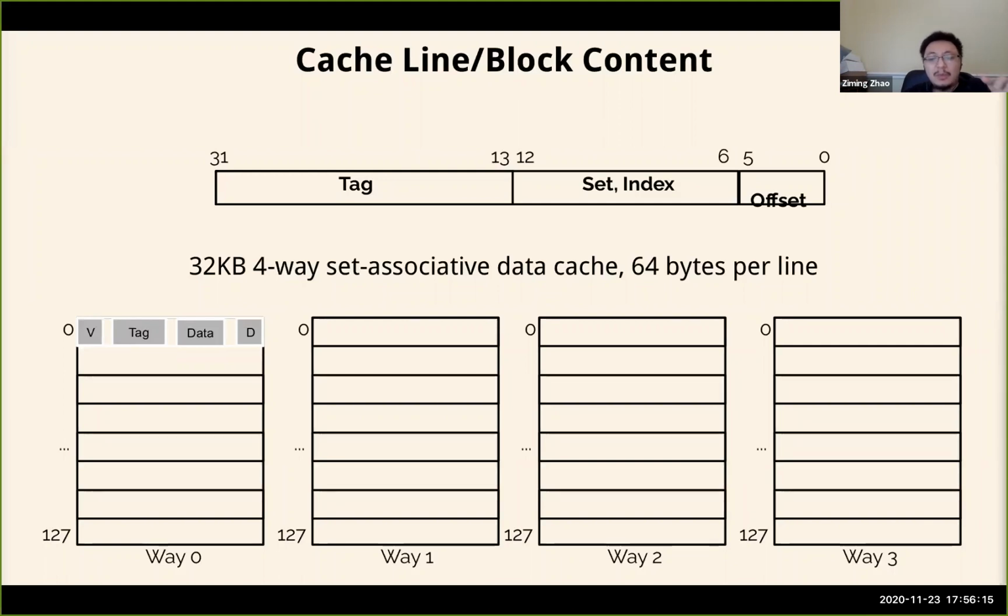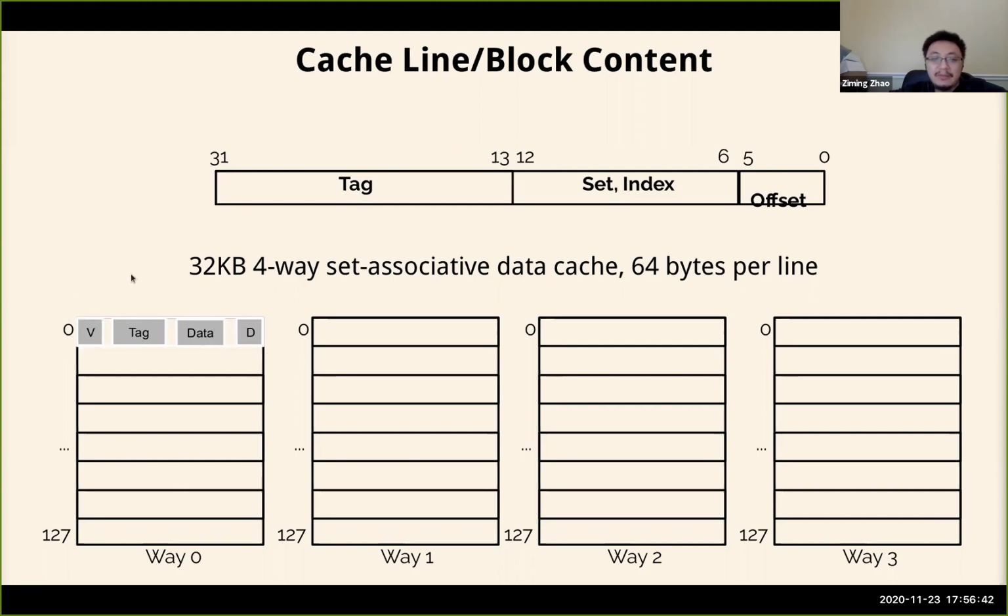So you need at least 1 bit to indicate if the CPU has changed the value of the cache, so that the data in the cache and the data in the main memory are no longer consistent. That is the dirty bit. Also, there is a valid bit to indicate whether we're actually storing data here or it's just garbage right now.